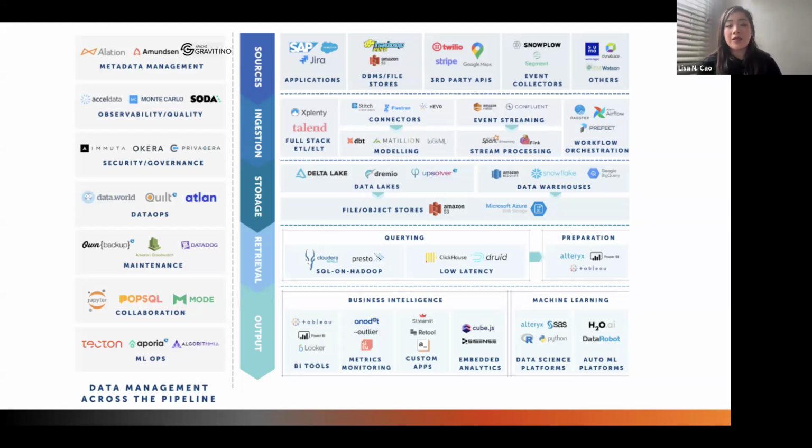Generally speaking, the ones really worth noting are your workflow orchestration, your storage systems and object stores, as well as your querying. Those are the big ones I would look at. And then on the left side is where we think about the DataOps undercurrents: metadata management is really important, how you do your observability, your security, things like that.